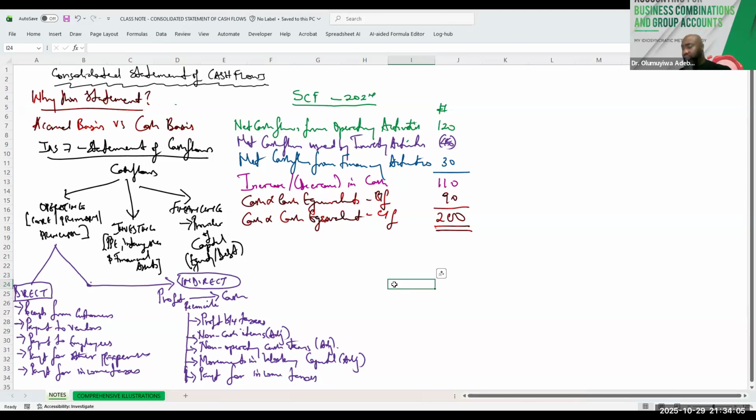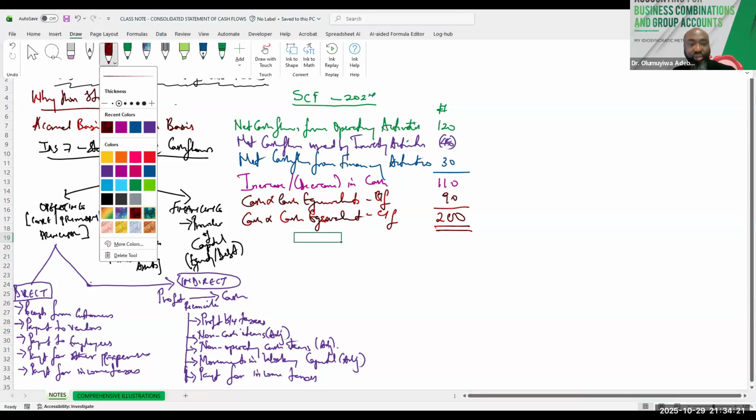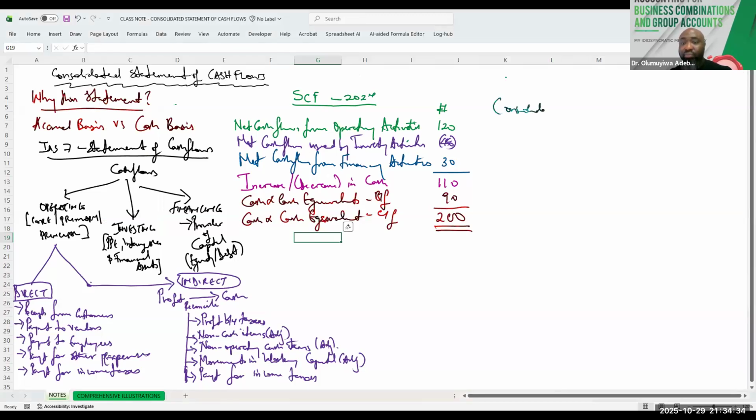Now, how do we move away from this to where we are? Now, we will be leveraging on this knowledge to discuss consolidated statements of cash flows.